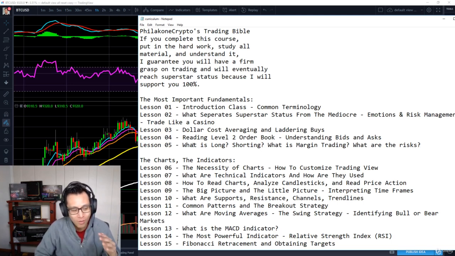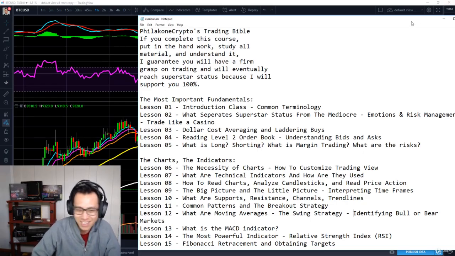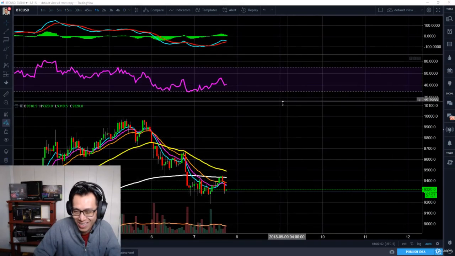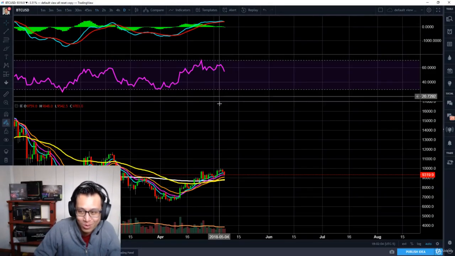So lesson 12 and 13 will be pretty much joined together, where we're going to be talking a lot about the MACD, which is the moving average convergence divergence indicator that will be brought up in the next lesson. So let's get into this, guys. Let's get into moving averages.